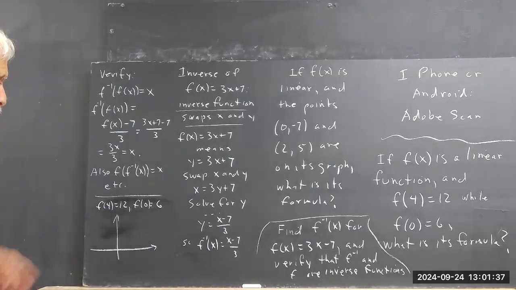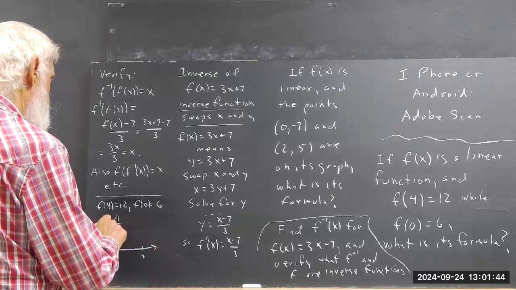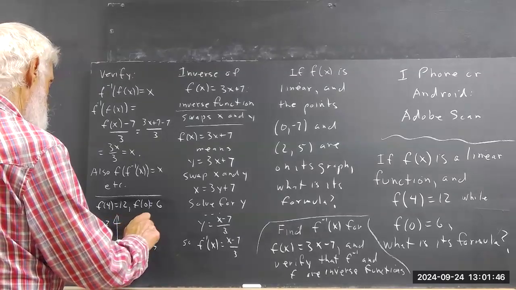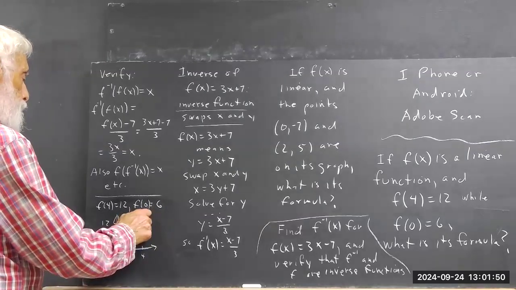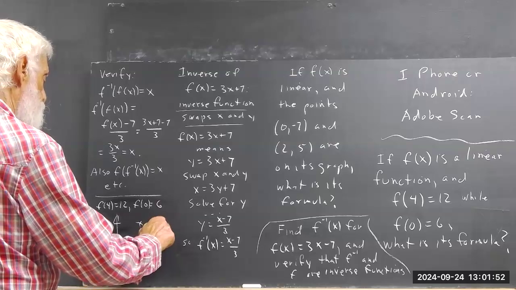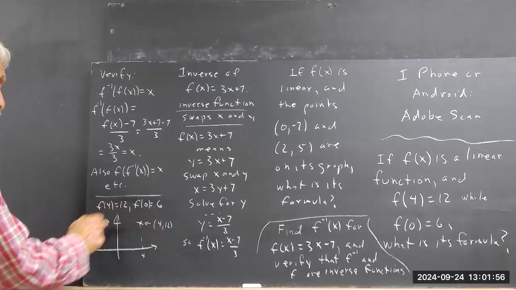f of 4 equals 12 and f of 0 equals 6. That means the point 4, 12 is on the line on the graph, and the point 0, 6. Here's the point 4, 12. x is 4, y is 12.